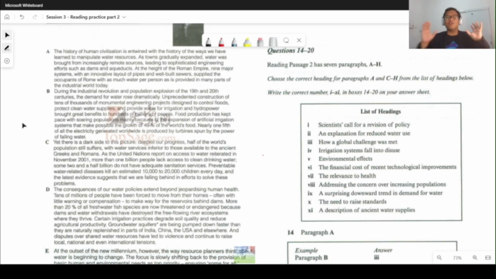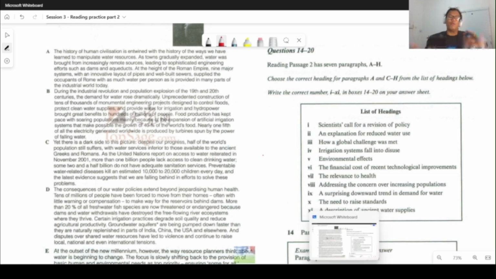Okay, so you can already see a sample question in front of me here, and we are going to immediately do two things. Number one, we are actually going to see how we can check our answer first. Why? Because there is a sample answer there. You can see here, there's paragraph B, and the answer is the third heading.